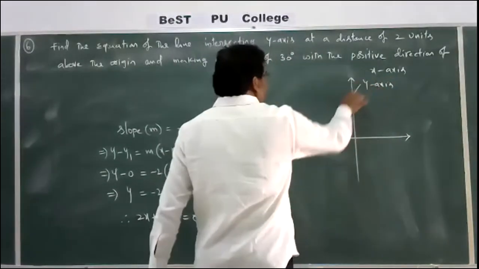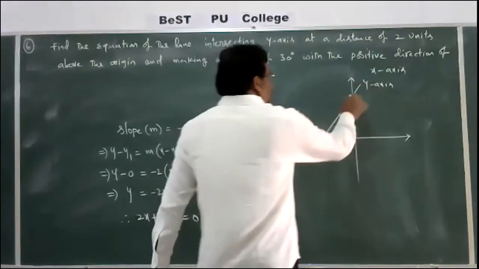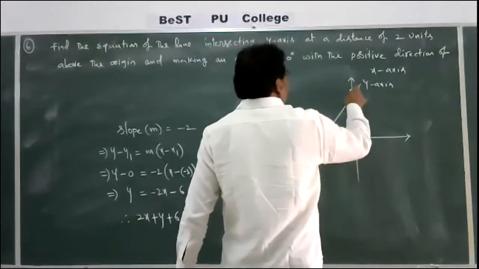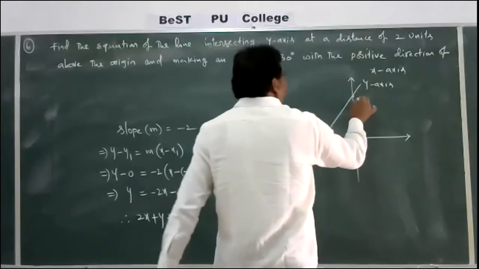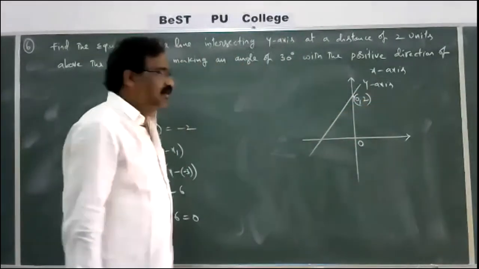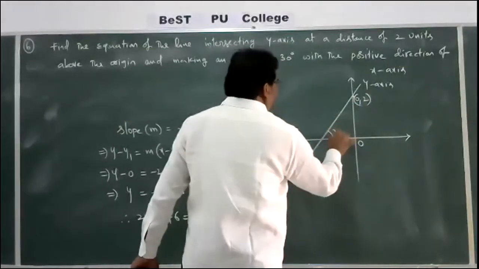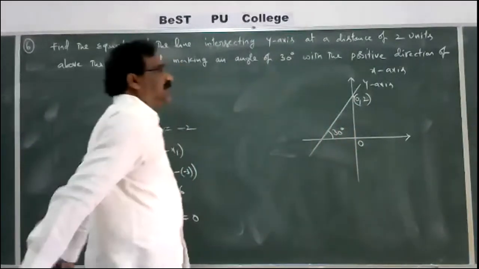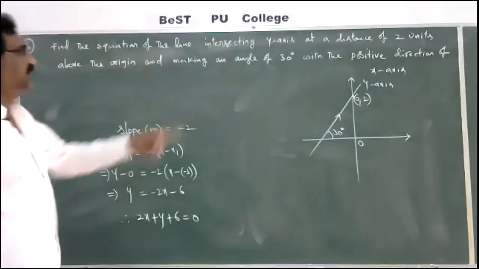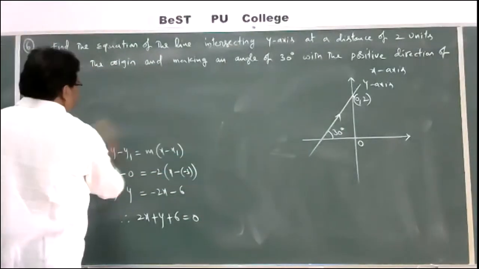So this line is like this. It cuts the y-axis at a distance of 2 units above the origin. That is, this point is 0, 2. And this line is making an angle of 30 degrees with the x-axis.